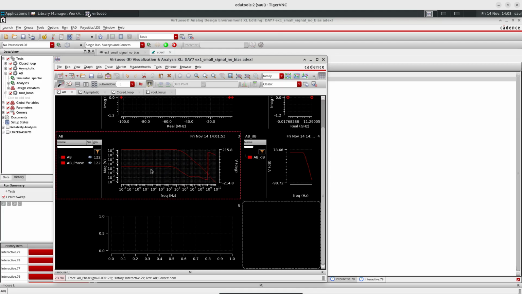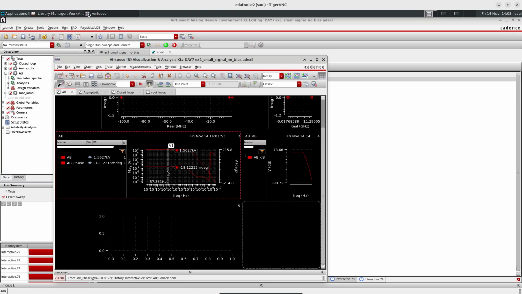And then let's put a vertical marker here, and let's check when the loop gain becomes 1. Let's check what is the phase that we have there. That will be 1 there. You can see it is around here.